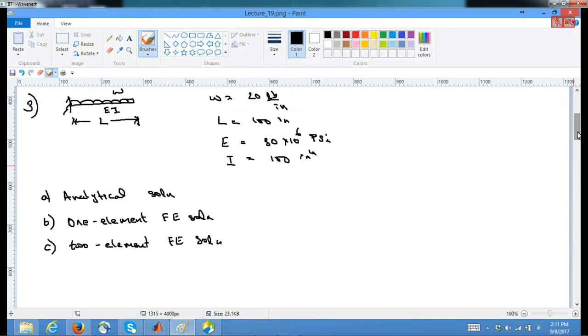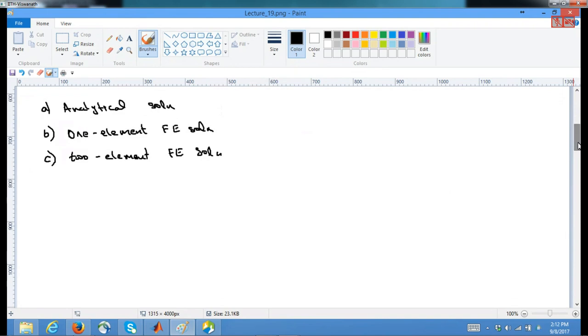There is a lot of confusion among students with respect to the sign conventions, so let me write the sign conventions. If I take a beam, sagging is positive bending moment, and hogging would be negative.